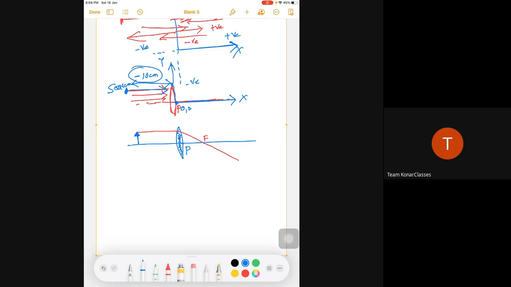One important concept I want to tell you here: in physics, in a lot of cases we neglect certain distances. This thickness we will neglect, because it is very short compared to the distance of my object, the distance of the focus, or the distance of the image where it will form.